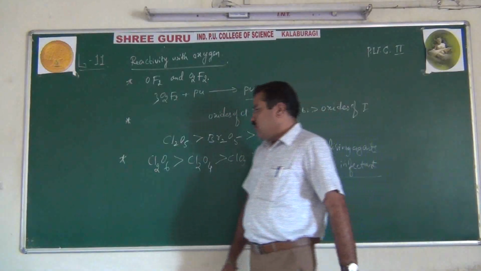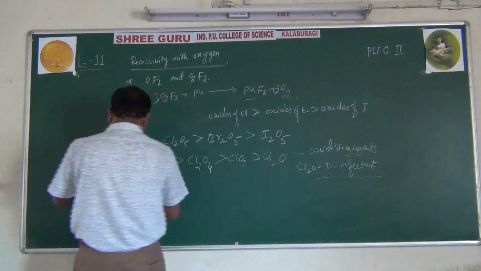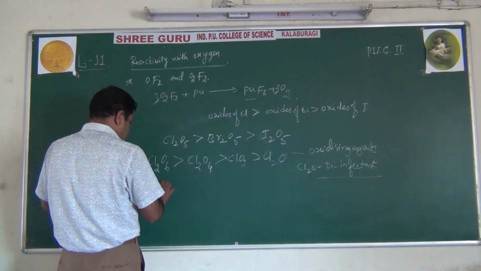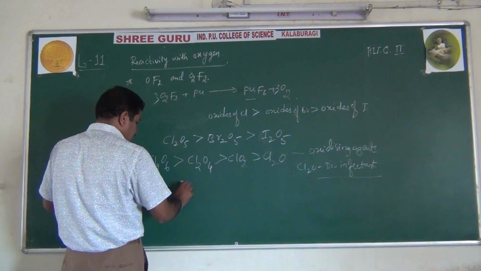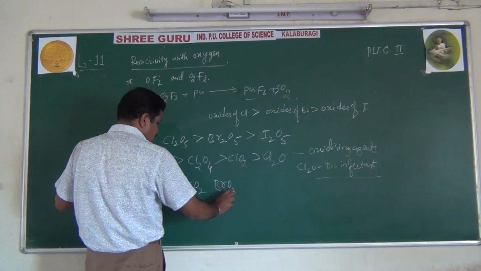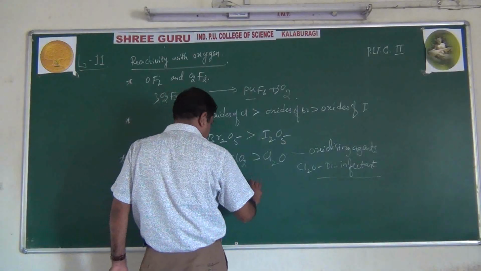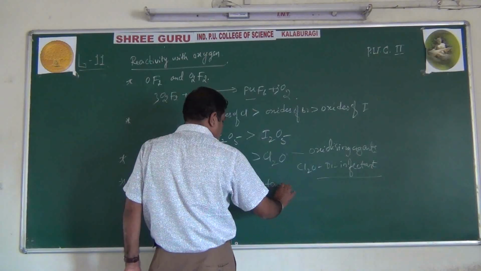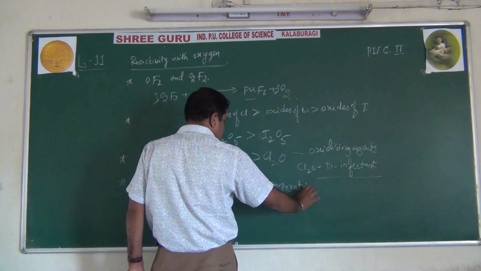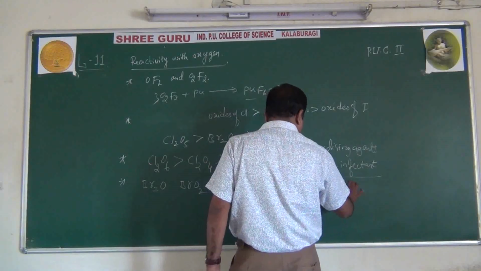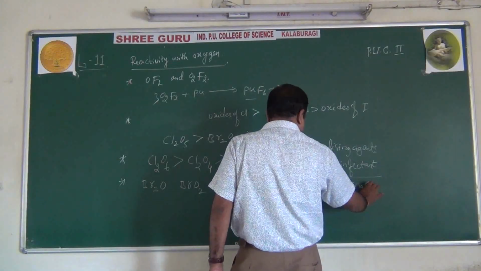When we come to bromine, bromine also exists as Br2O, Br3O8 and so on, kept at low temperature because they exist as liquids, and they are also powerful oxidizing agents.